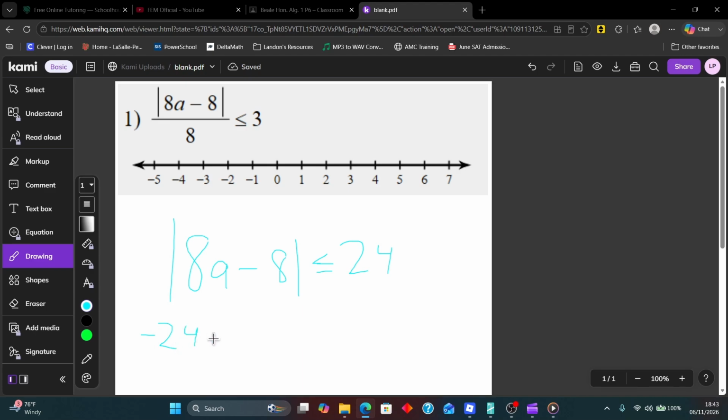Negative 24 is going to be less than or equal to 8a minus 8 is less than or equal to 24. Divide each side by 8, and that's going to be negative 3 is less than or equal to a minus 1 is less than or equal to 3. Add each side, and we get negative 2 is less than or equal to a is less than or equal to 4. And, okay, 2. Good. Okay. That's our first number.